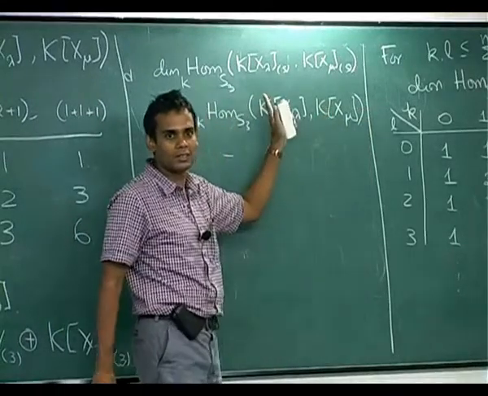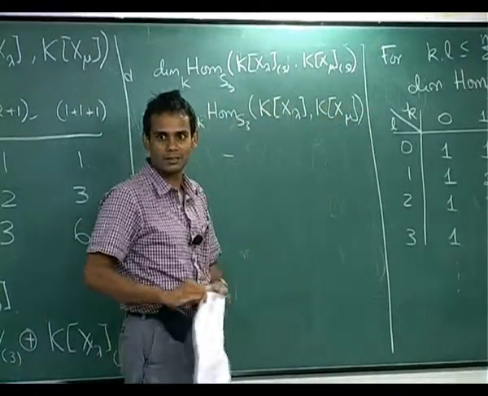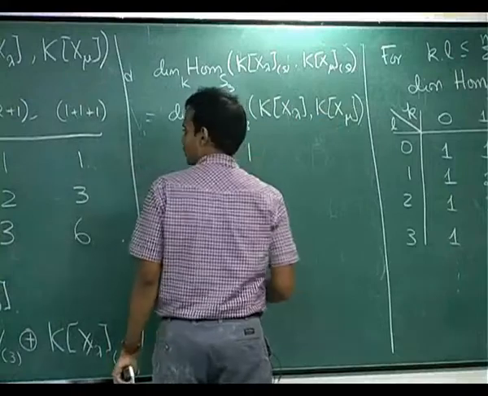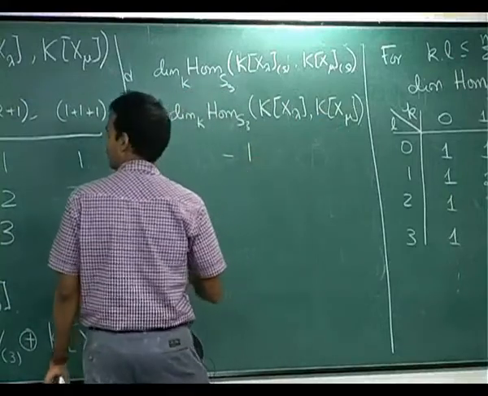Okay, however many times it occurred here times however many times it occurred there. So 1 times 1. So we can draw a new table now.